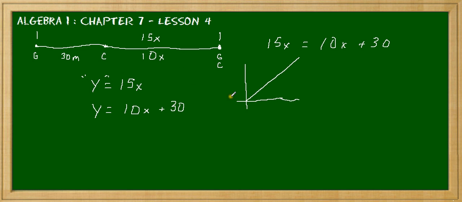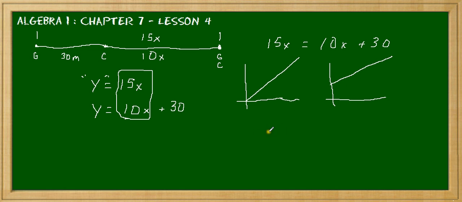And if we were to graph the second one, we know again that y is equal to 10x plus 30, or 30 plus 10x as they write it, which means that we start off at 30, and again the slope is slightly less. We see that the rate of each is different. So the greyhound's going much faster. His slope is going to be slightly more inclined than the cat's.